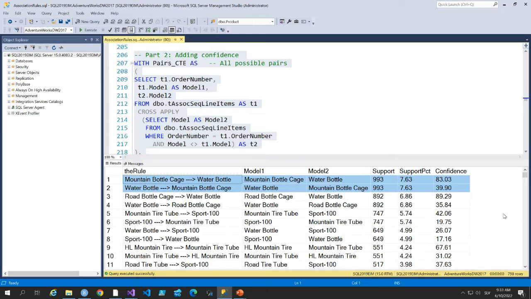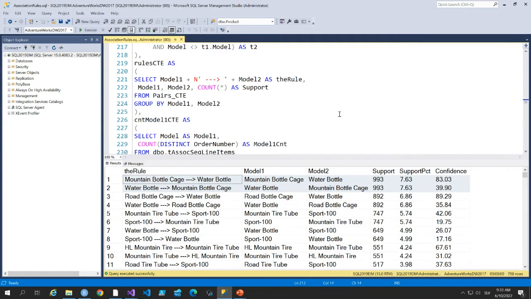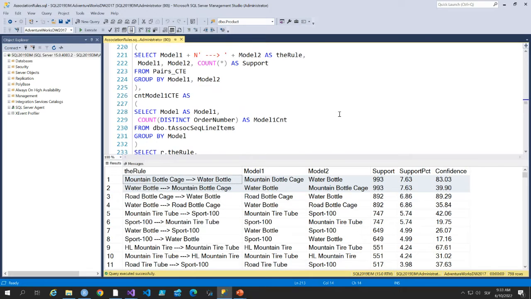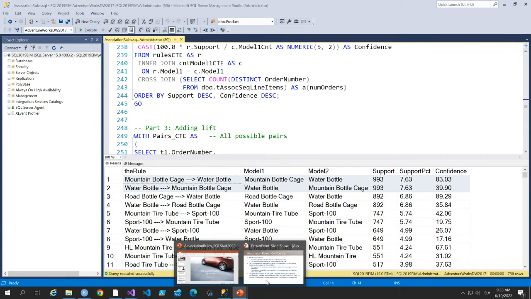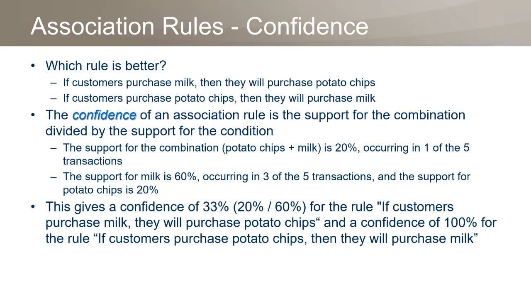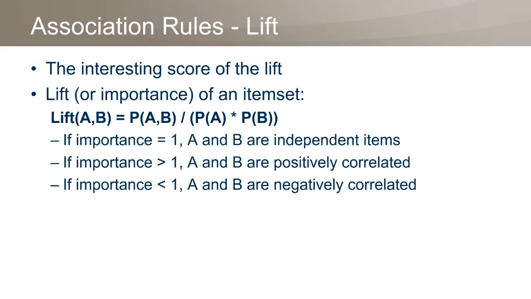So confidence for the first rule is 83%. Confidence for the second is only 40%. So apparently the rule if mountain bottle cage then water bottle is better than the rule if water bottle then mountain bottle cage. Okay, we already know some things, but there are some other measures that we could define.